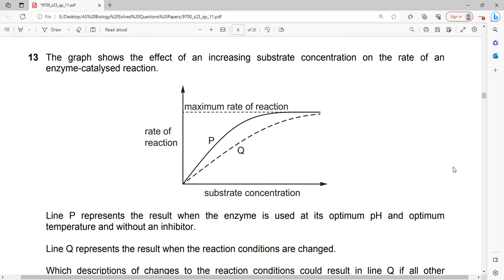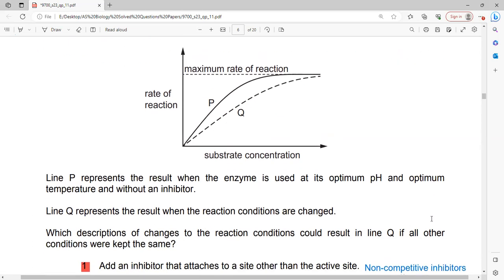The graph shows the effect of increasing substrate concentration on the rate of enzyme-catalyzed reactions. Along the x-axis, the substrate concentration is given. Along the y-axis, the rate of reaction is given. Here, P is the reaction taking place at standard pH value and temperature, so a balanced pH value and temperature.